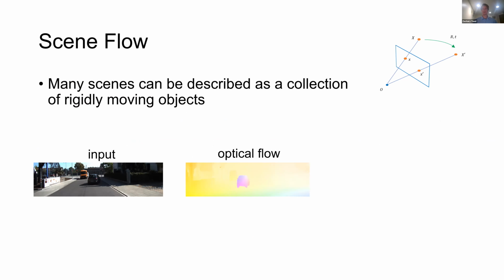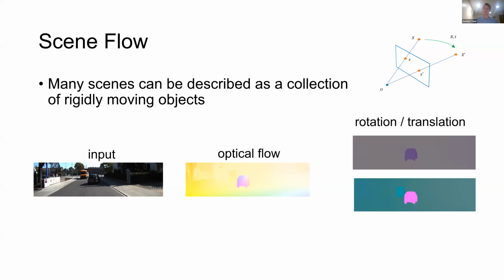So in the problem of scene flow, many scenes can be described as a collection of rigidly moving objects. If we look at this input sequence and the optical flow, there's not a lot of structure to this flow field. But if we look at the rotation and translation components of a 3D rigid motion field, there's actually a lot more structure.